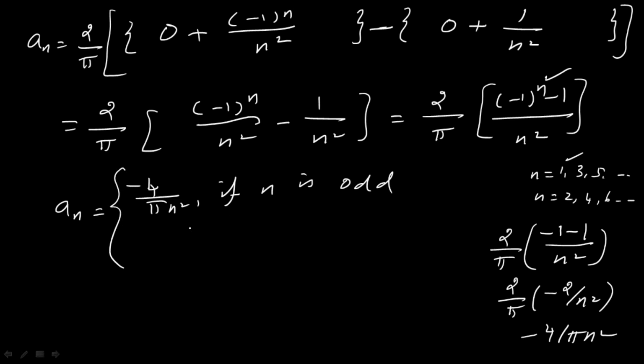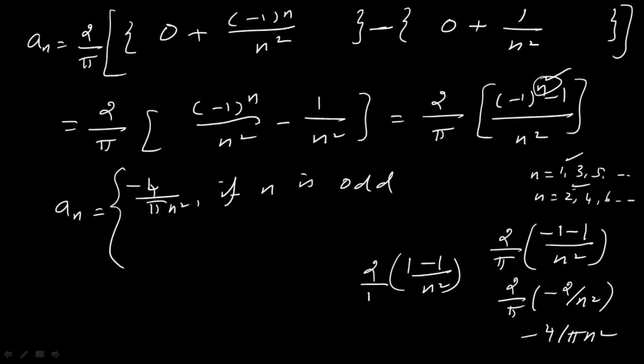And let me check what happens if n takes an even value. Suppose you replace n by any even number like 2, 4, 6. If you take n is equal to 2, minus 1 whole square is nothing but plus 1. So 1 minus 1 divided by n square. Whatever may be the denominator, 1 minus 1 means 0.